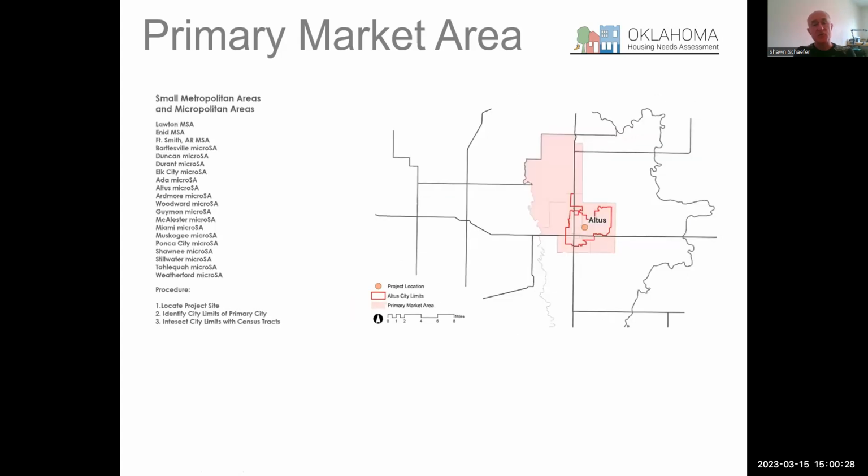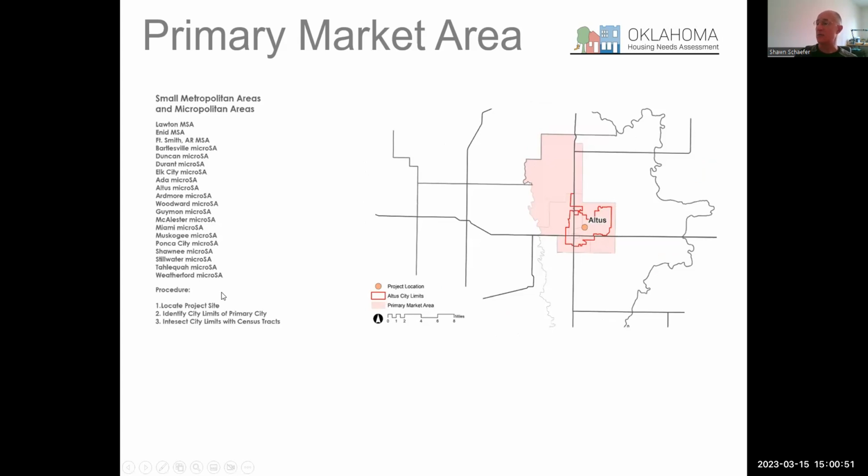It's a little bit different when you're dealing with the smaller metro areas and micropolitan areas. So here we're talking about the smaller metro areas, Lawton, Enid, Fort Smith, Arkansas, and then all of the micropolitan areas in the state. And so this is an example from Altus, a town in the southwest part of the state.